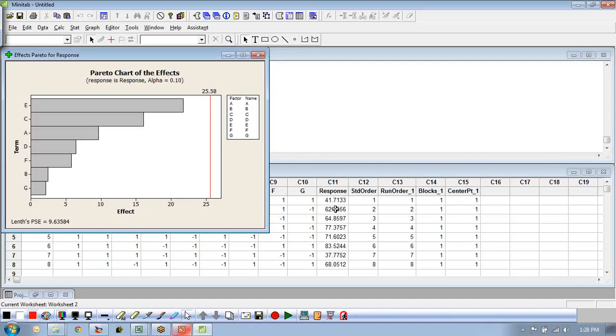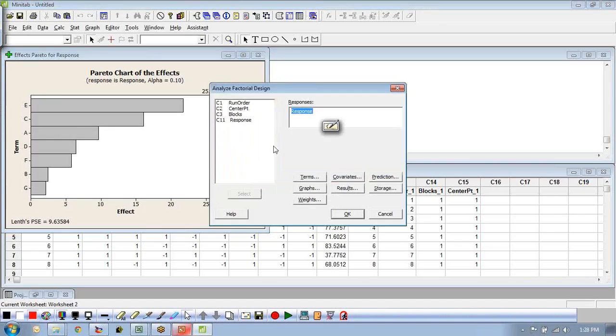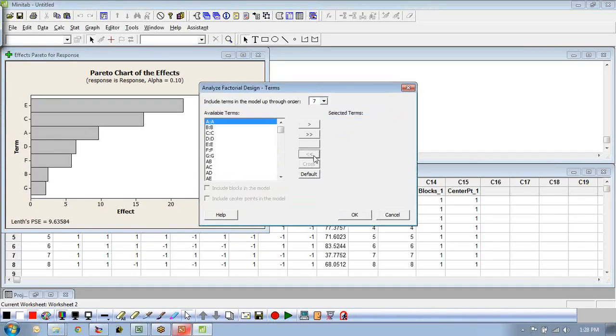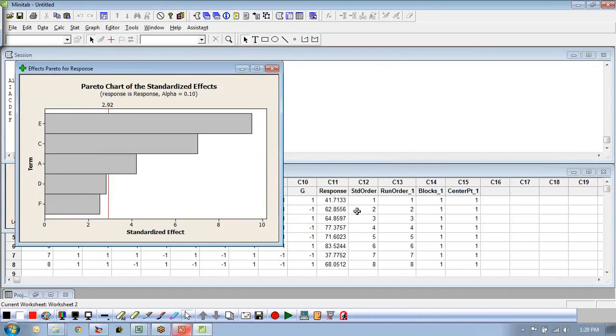We'll keep everything else. Again, you could remove a little bit more and be aggressive, but let's remove the B and the G factors. Okay, that's all of the main effects, and now we'll just move this one and the G over. Let's take a look and see what we get.